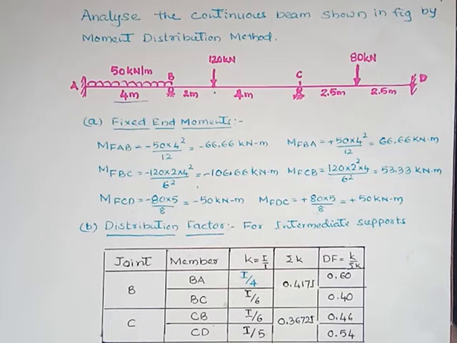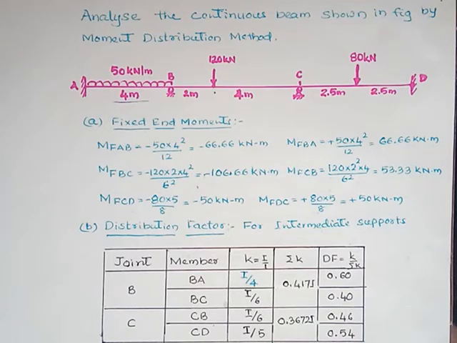If you observe these values in this rectangle, the summation of all these moments must be equal to 0. Similarly here also. This is known as balancing of the unbalanced moment at the joint.